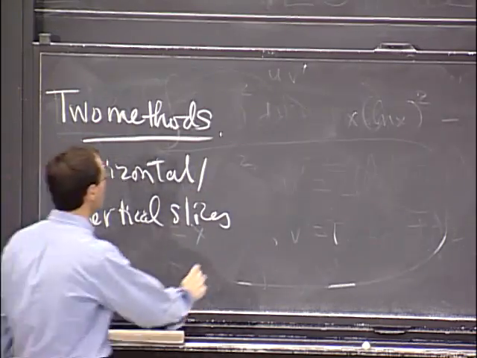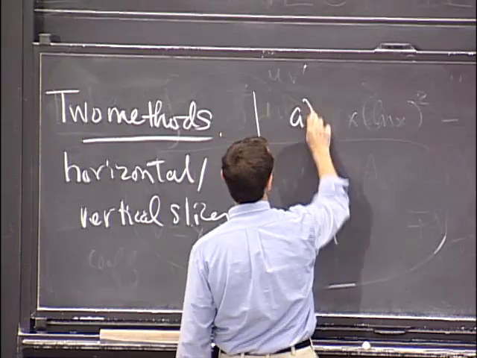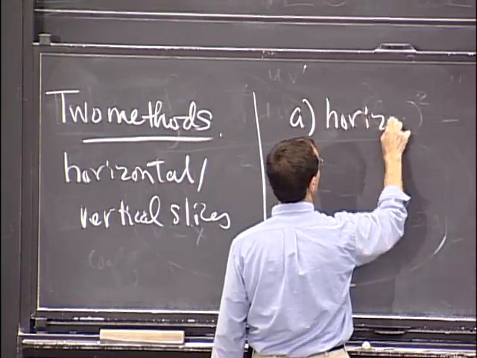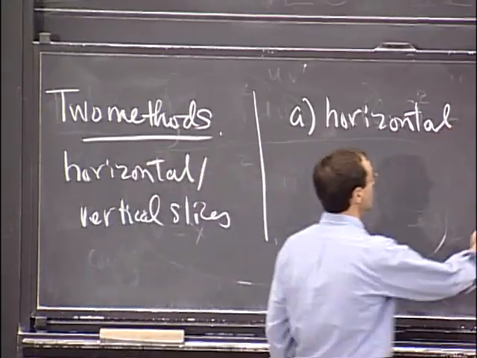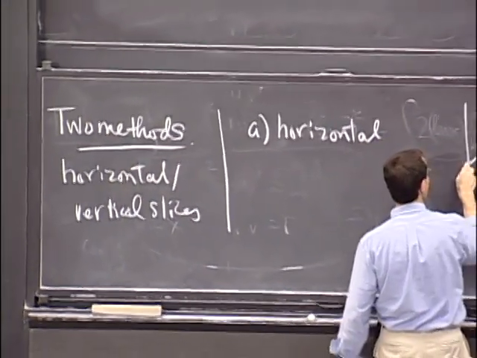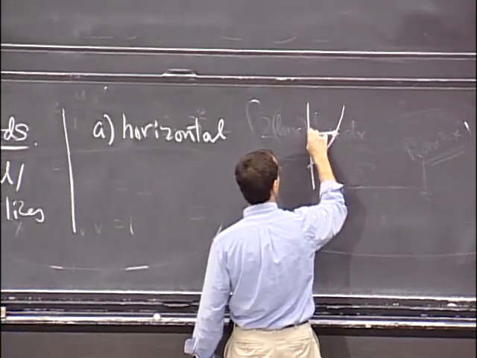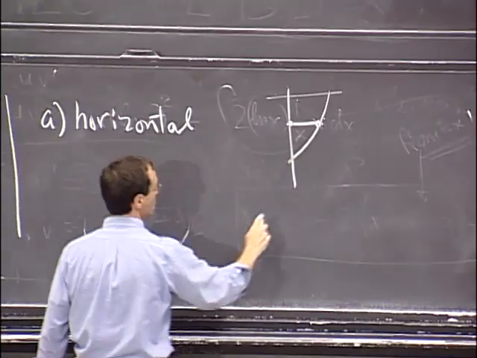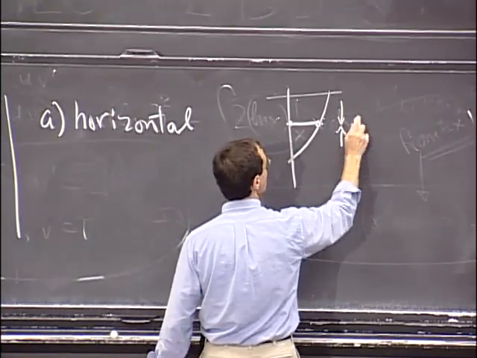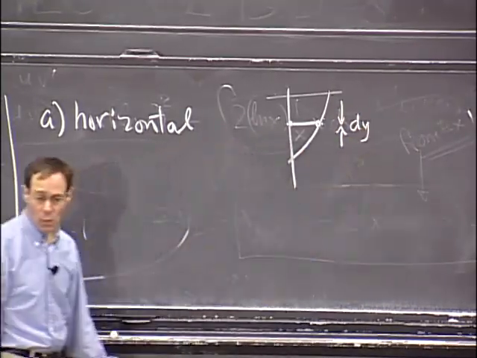Now, let's start out with the horizontal ones. That's this shape here, and we're going like that. And the horizontal slices mean that this little bit here is a thickness dy.